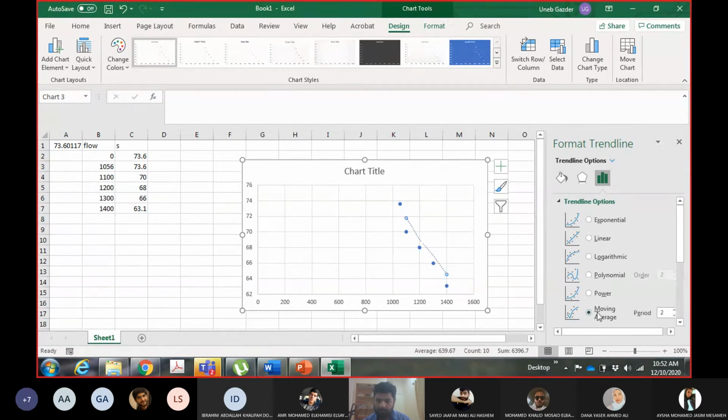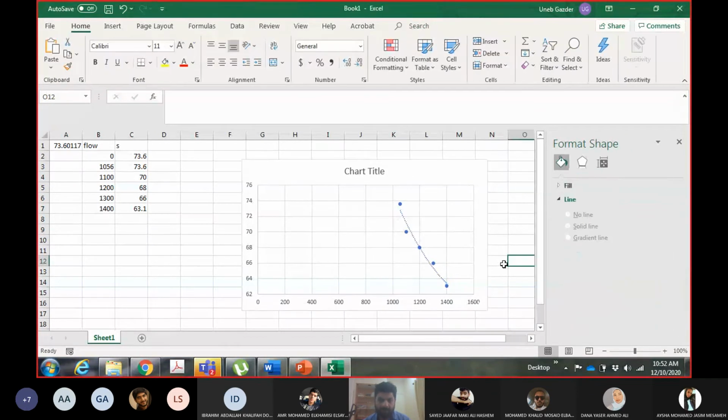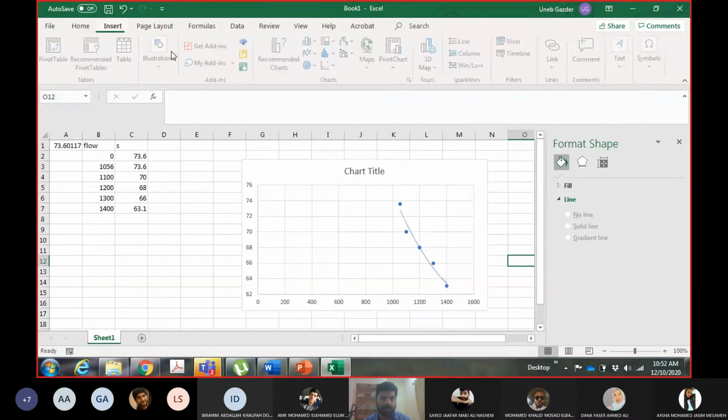I use moving average. So this is the best I can get. Then from here to here it's a straight line. Let me make a straight line here.